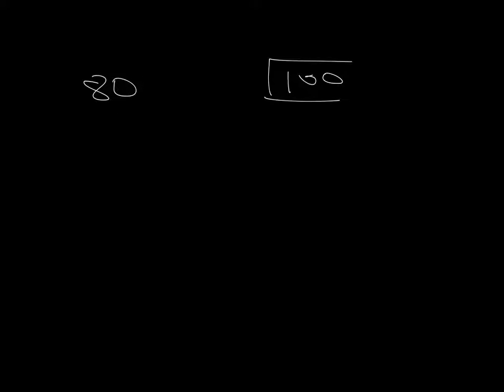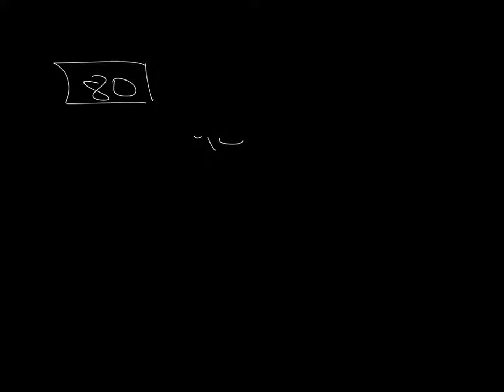Do you want those two scores averaged together to give you a 90? Or do you want more weight put on your test because it was a lot harder than your homework? Most of you want more weight on your test, especially if you did well on it. Instead of being exactly equal to your homework, you want the test to be weighted more. You want it to be worth more.